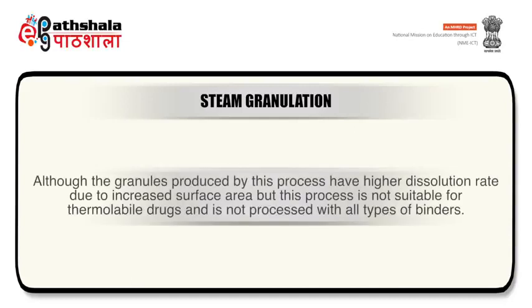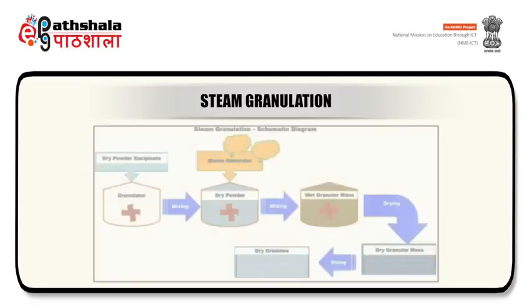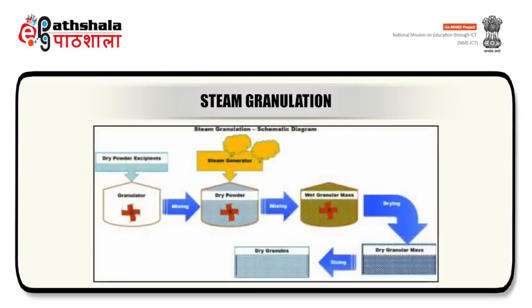Although the granules produced by this process have a higher dissolution rate due to increased surface area, this process is not suitable for thermolabile drugs and does not work with all types of binders. Please also refer to the schematic diagram to understand more on steam granulation.